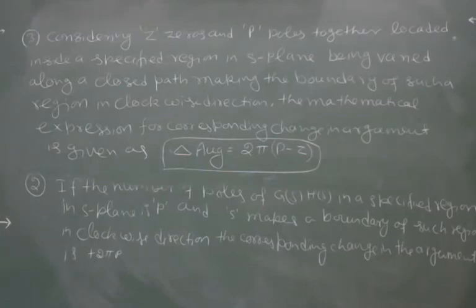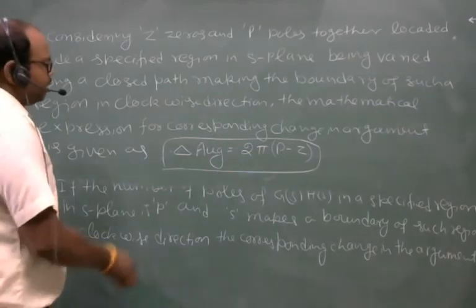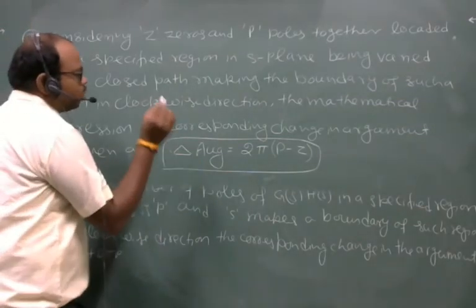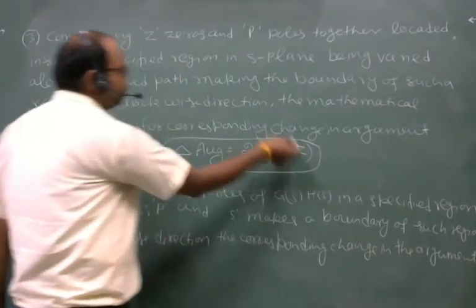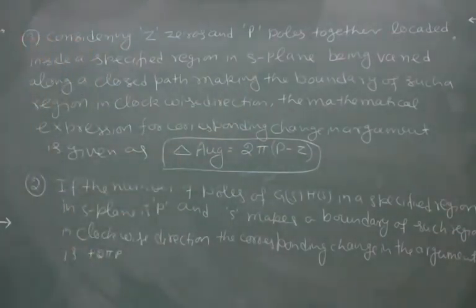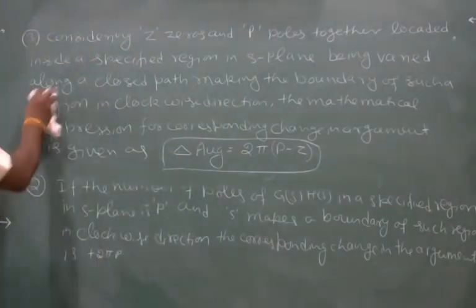There is a table which shows that if I have change in argument and if I have number of poles, then how can I find the number of zeros? From this formula we can say that if I have change in argument and number of poles, then obviously we can find Z, right?